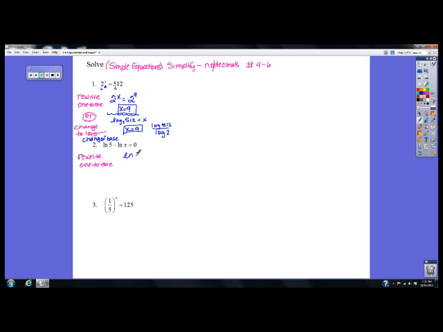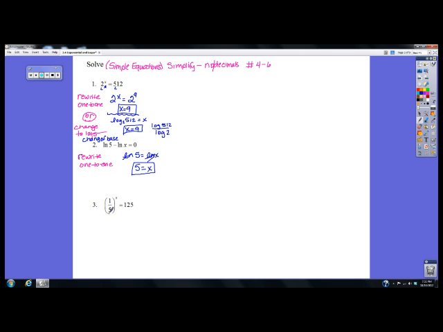So I'm going to have natural log of 5 equals natural log of x. So once I get this to where I have natural log once on the left and natural log once on the right, I can cancel out the natural logs, and then I just have 5 equals x, and there's your solution. Now I know I haven't had to deal with this no decimals yet, but this is coming up here in just a minute. So far we've had nice whole numbers.